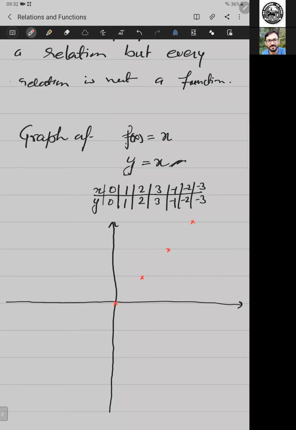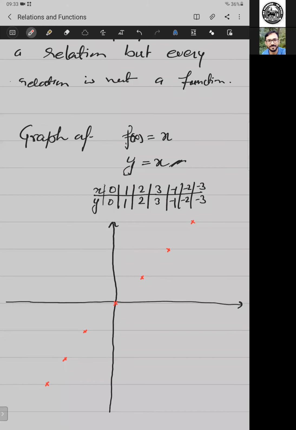Now x is -1. At that time, y will also be -1. X is -2, then y must also be -2. X is -3, then y must also be -3. Likewise, many points we can mark, but with a few, we are trying to make the graph.